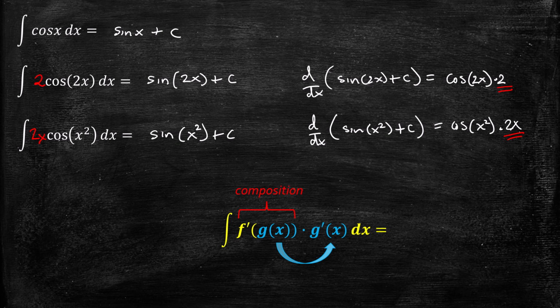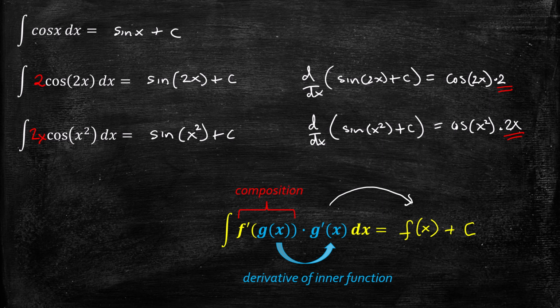So g is the inside function, g prime of x is the derivative, and it kind of has to be hanging out there. And if it is, then according to reversing the chain rule, the answer should be f of x plus a constant. So U-substitution helps us get from this situation to this situation.